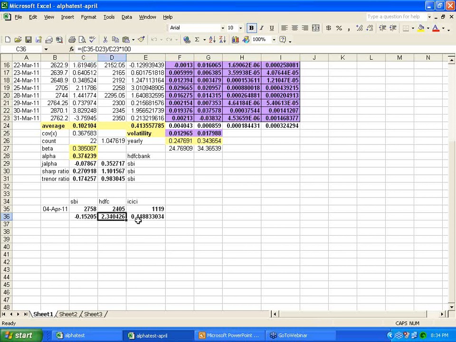Since HDFC and ICICI Bank are equally weighted, with an equal chance to produce equal return, based on our last phase of analysis, I can conclude that the second position should be given to ICICI Bank and the last position should be given to HDFC Bank.